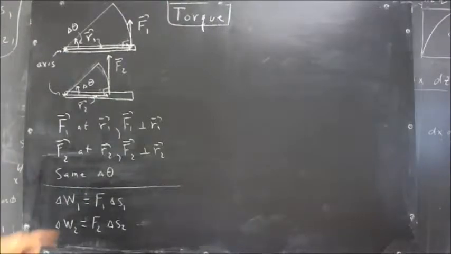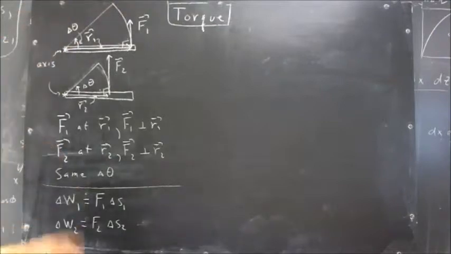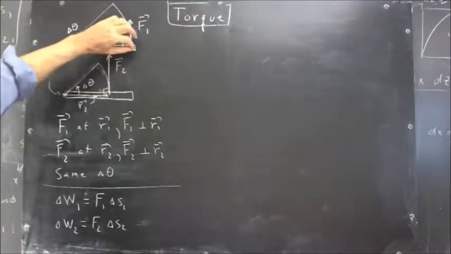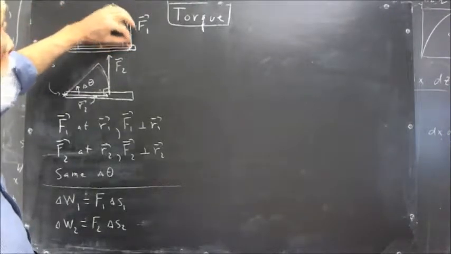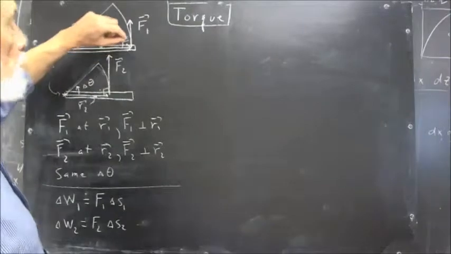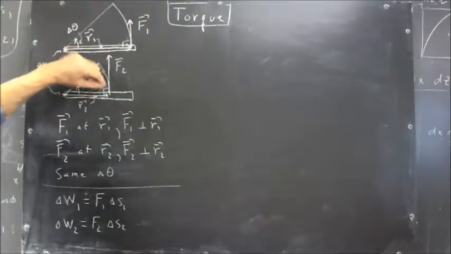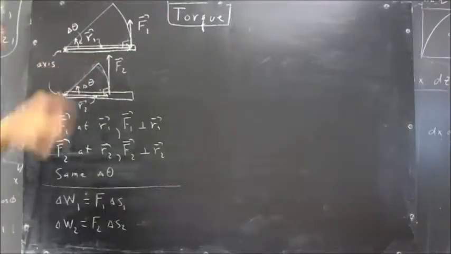In that case, the work done by force F1 is F1 times delta S1. Force 1 acts through a distance equal to the length of this arc, and F2 acts through a distance equal to the length of this arc.